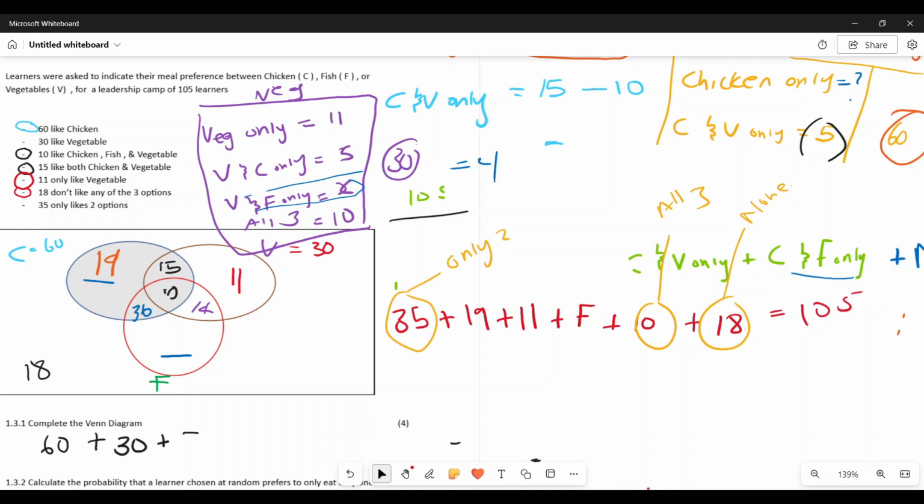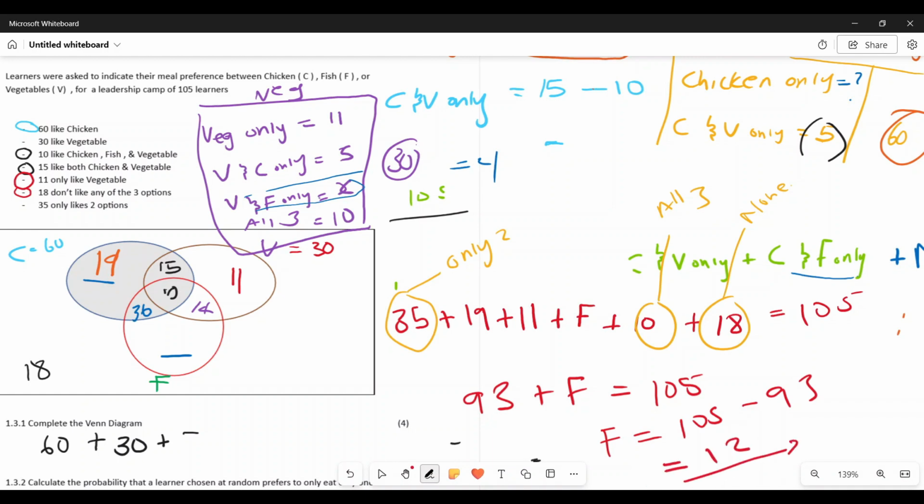So 35 plus 19 plus 11 plus 10 plus 18, which equals 93 plus F. This is equal to 105. So to solve for F, it is 105 minus 93, which should be equal to 12. So 12 people prefer fish only.